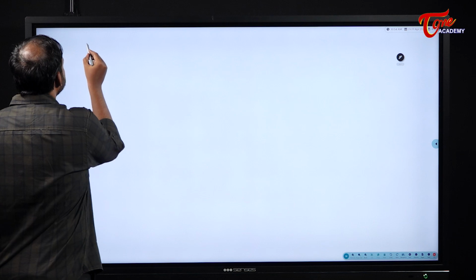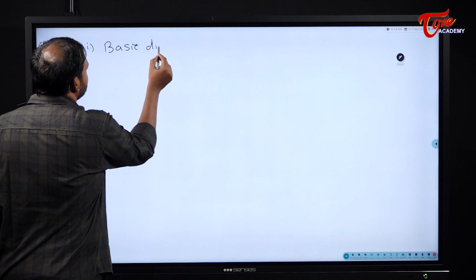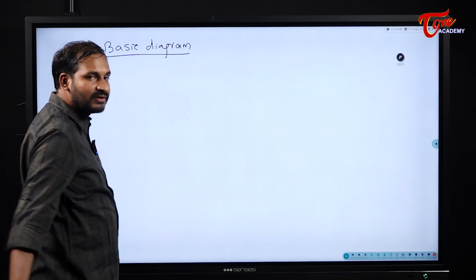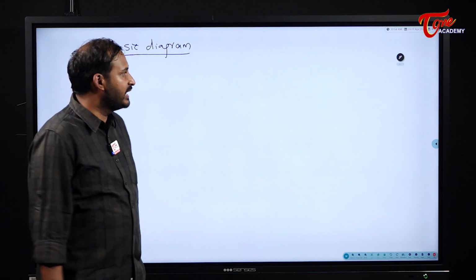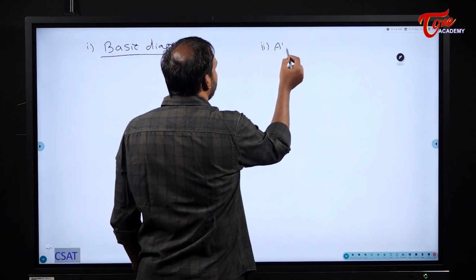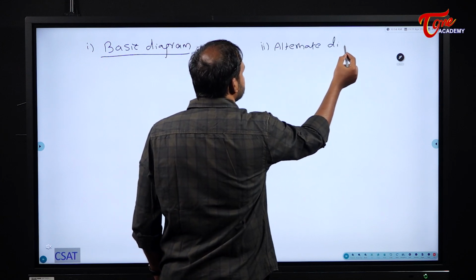The first one is the basic diagram. How we will draw it, we will see. And the next one is the alternate diagram, where we will use it, we will see now.